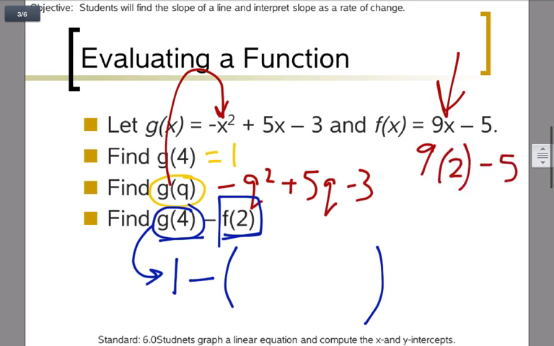Well, we already found that answer on the last slide. So I just put it right there. It's 1 minus 13, because g of 4 was 1 and f of 2 was 13, so 1 minus 13 is negative 12.